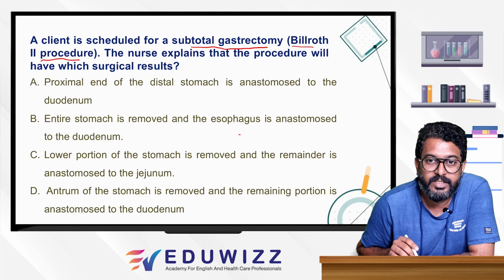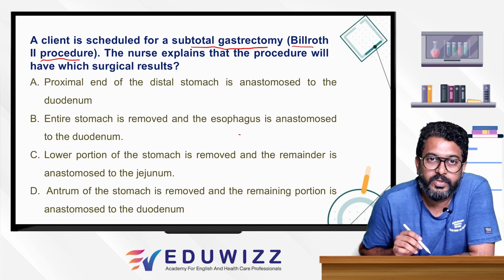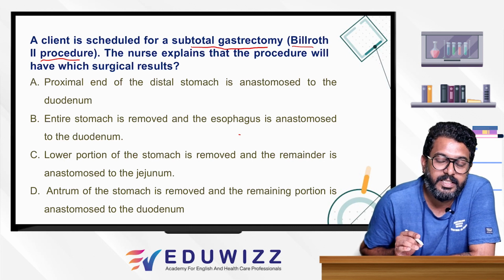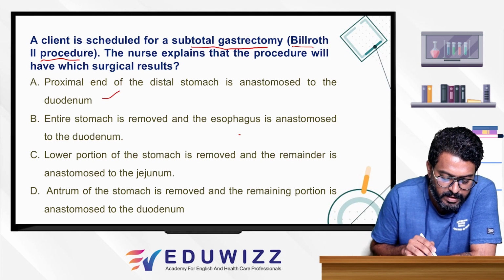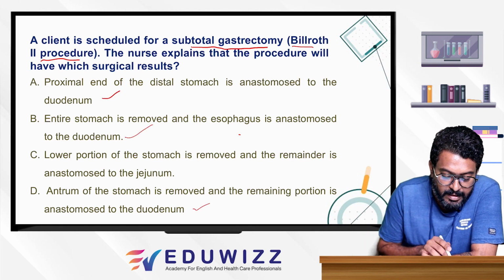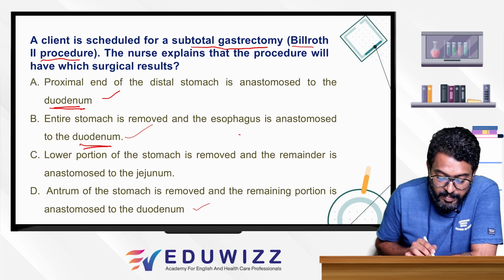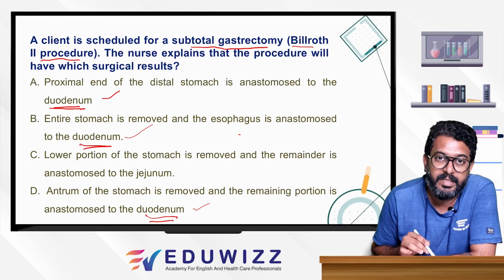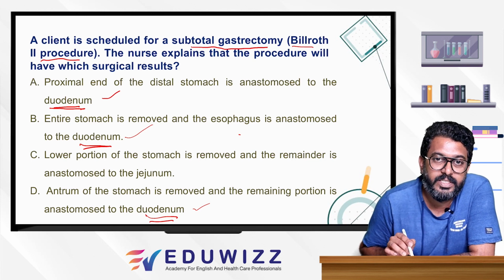As I said, in gastrojejunostomy or Billroth 2, the lower portion of the stomach is removed and the remaining part is connected to the jejunum. If we see the options, A, B and D are all mentioning connecting to the duodenum. So basically this is an easier method, but you have to understand the procedure, Billroth 2 or gastrojejunostomy.